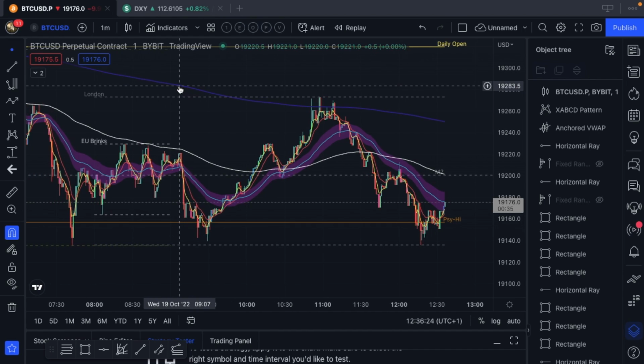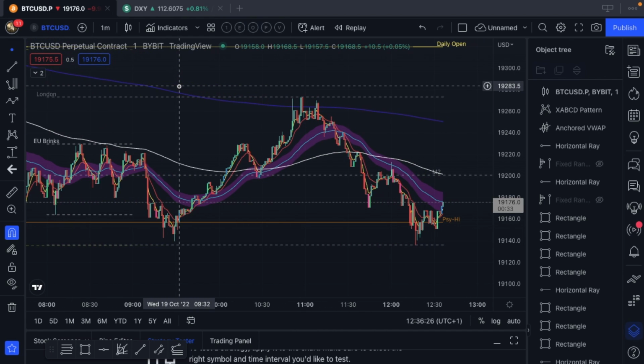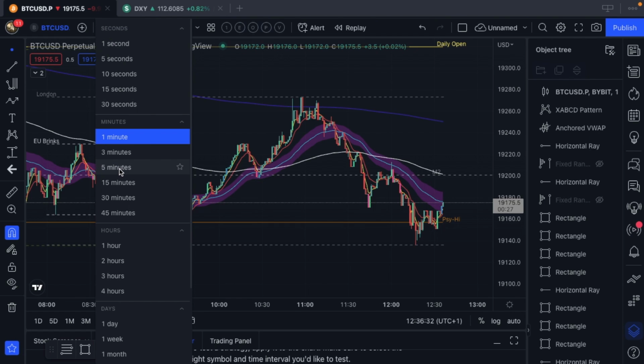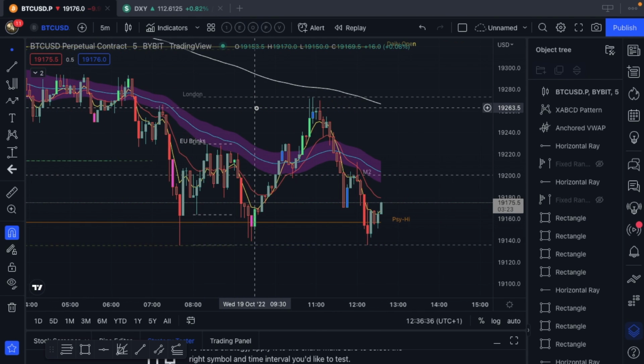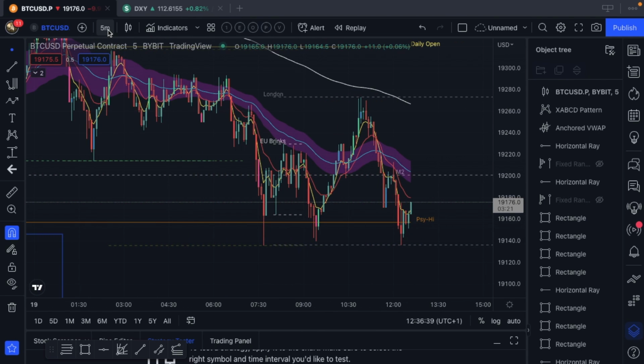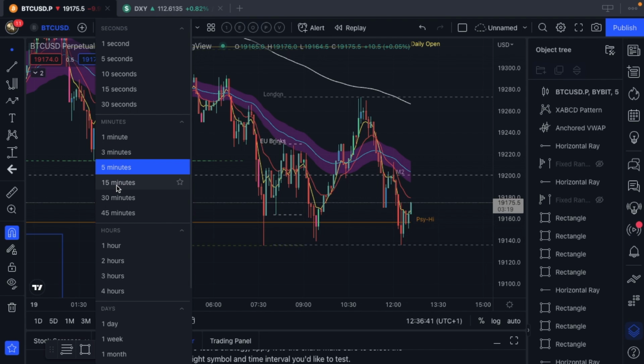So one of the tricks that we use to trade with the dragon is you move out. A lot of people move to the 5 minute. I prefer the 15 on Bitcoin. So I'll show you what I mean.